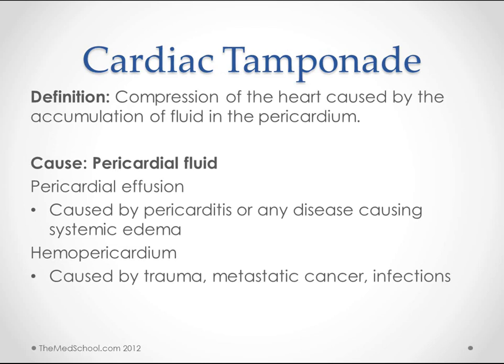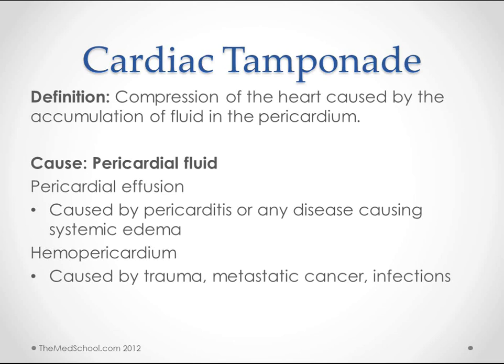So moving on to the next pathology of the pericardium, we're going to talk about cardiac tamponade. This is somewhat related because pericarditis can cause pericardial effusion, which can lead to cardiac tamponade.